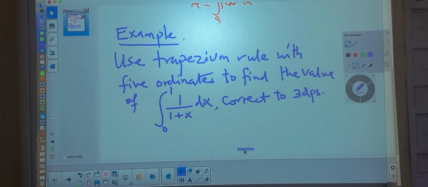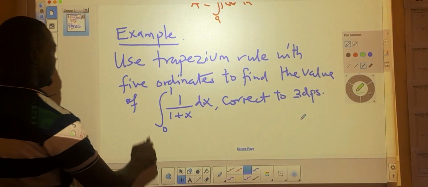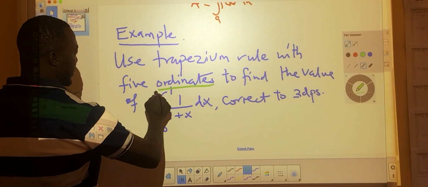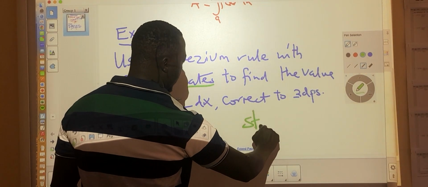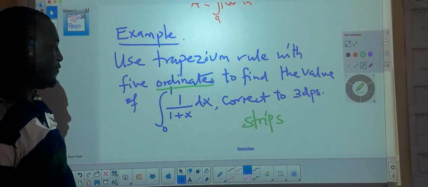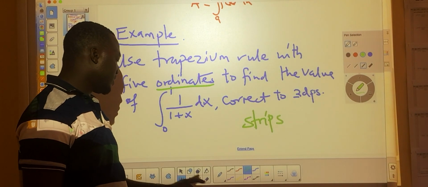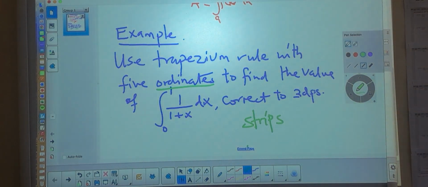As a student who has already learned the trapezium rule, we know very well that there are some words that we need to understand, for example the word ordinates vis-a-vis the word strips. These two words tend to confuse students. So when you say 5 ordinates, what does it entail?